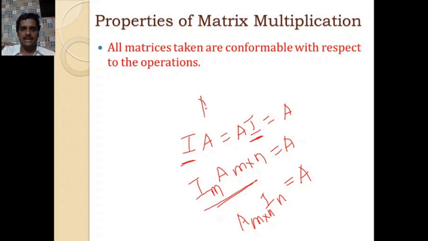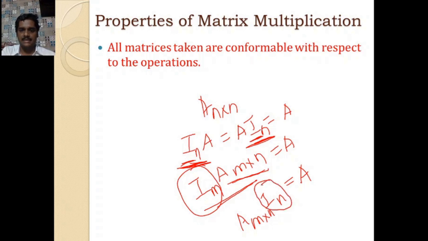If I am taking a square matrix of order n, this I must be In and this I must be In, so they are the same. But if I am taking a general matrix of order m by n, this I and this I are not the same. The first I is Im and the second I is In. They are not the same. So this thing must be clear in everybody's mind.